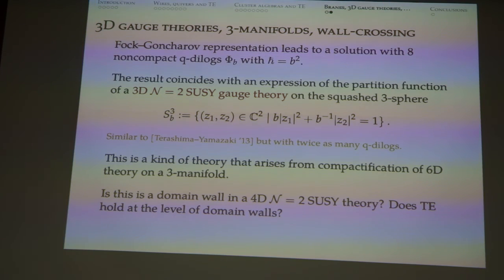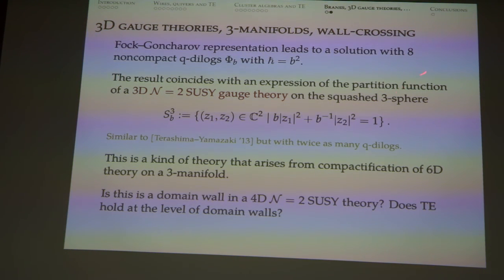So I expect that this kind of three-dimensional theory appears as a domain wall in four-dimensional theory. Okay, and when you cross the domain wall, the quiver describing BPS particles gets mutated, and you go around like domain walls and come back to the same quiver.